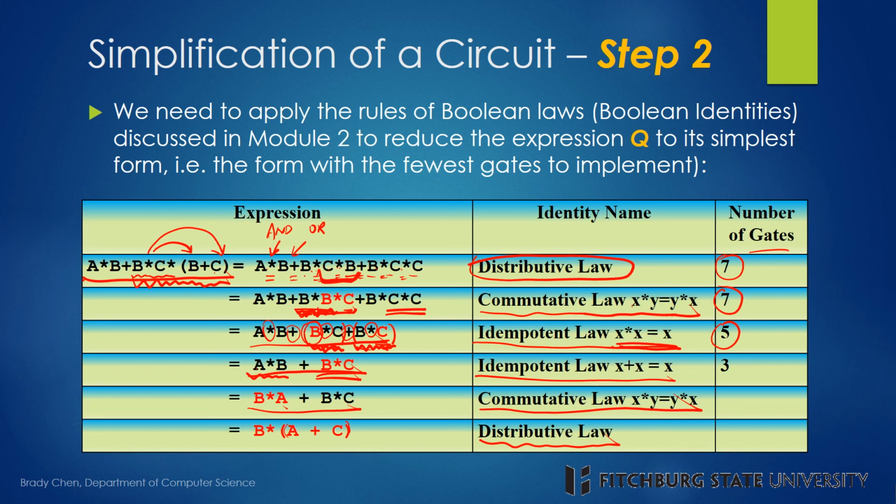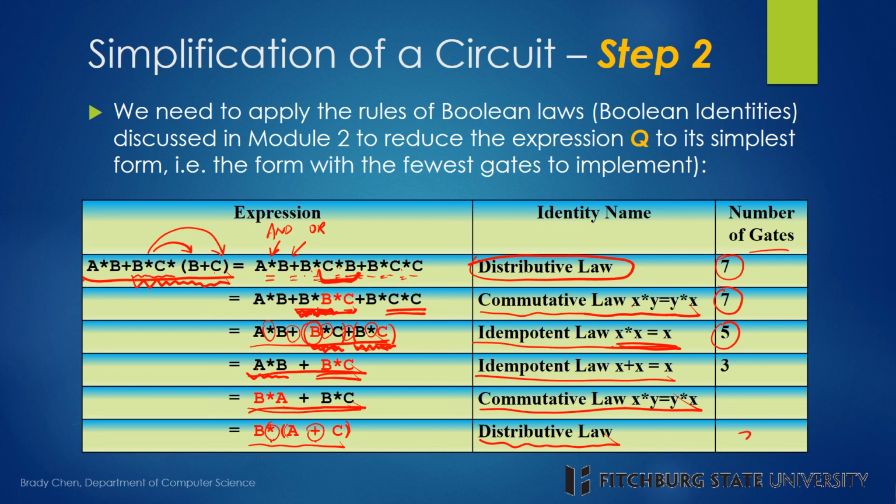Now we can actually keep the logical expression like this, but I want to do it further. Why? Can you tell me the reason why? Because that way I can reduce the number of gates even further. Now there are two operators: one is the AND, the other one is OR.